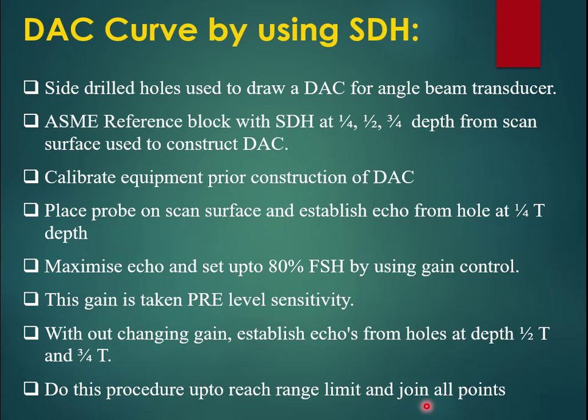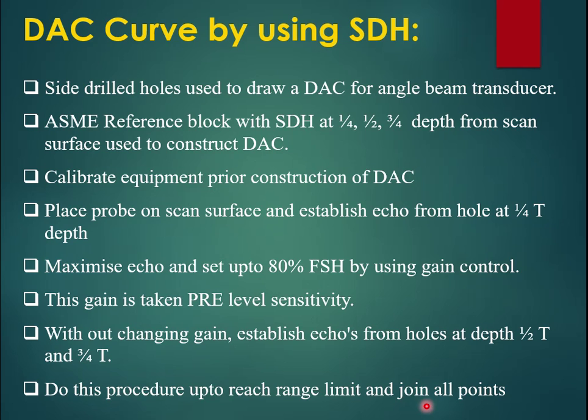Catching the points in this manner, you have to continue up to the point where your testing range limit is covered. By joining all the points, we can get a curve. We consider that as a distance amplitude correction curve.